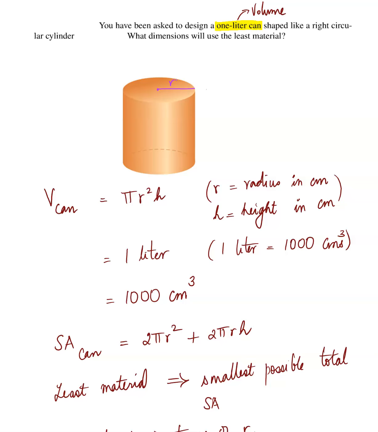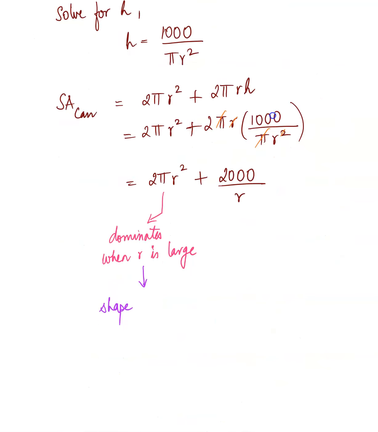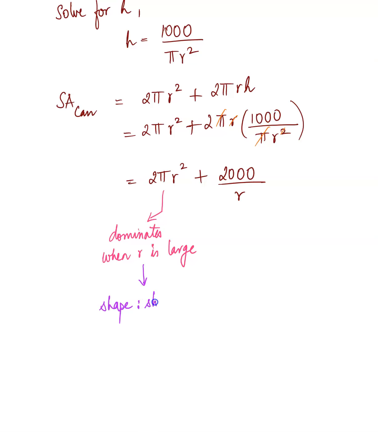So you can't have it as tall and still have a radius that's larger than what is here. So that means your can has to get really short. So then we get the shape to be short and wide. And to depict it, it's going to look more like this.